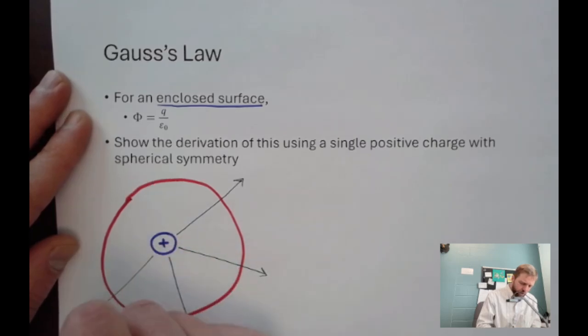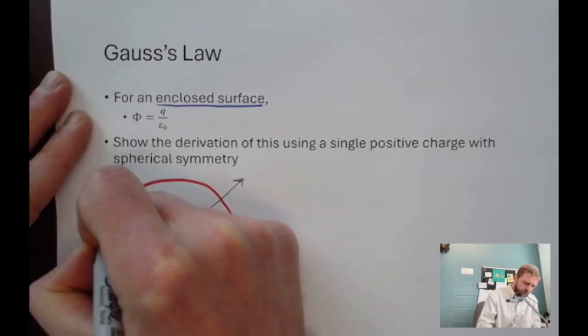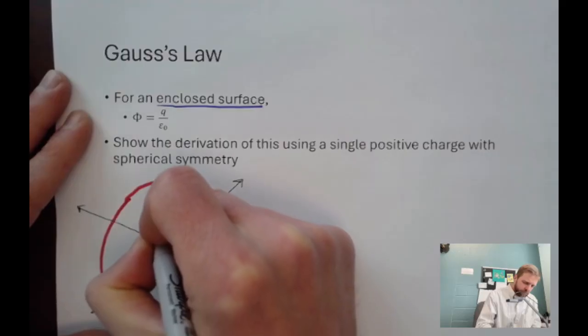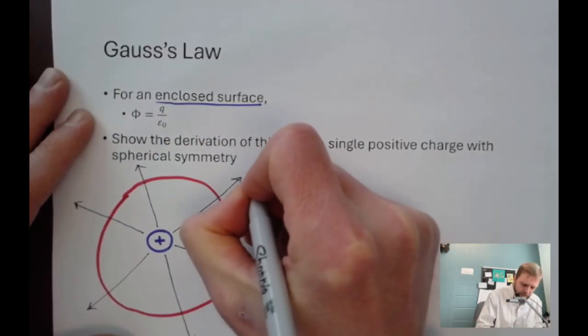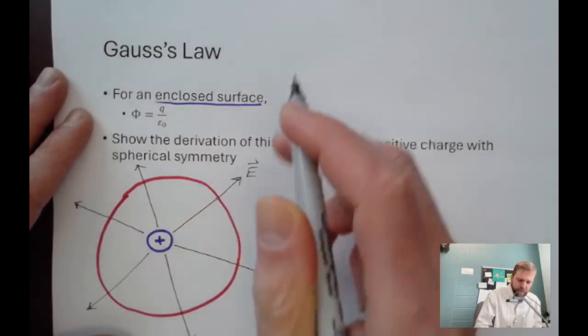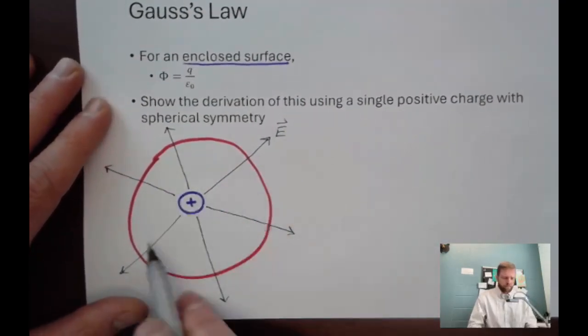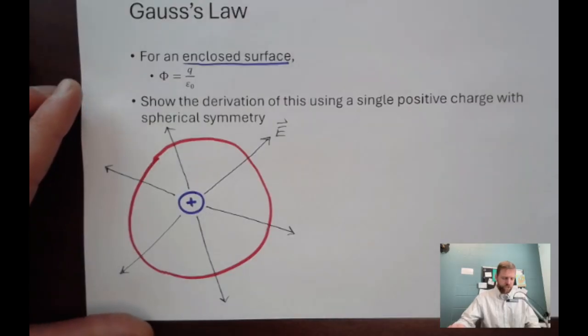And they point away from the positive charge like so. All right, so these are the electric field lines. Now, technically we could draw more, but this is sufficient.